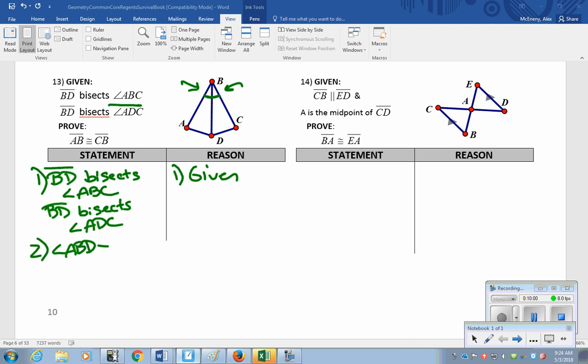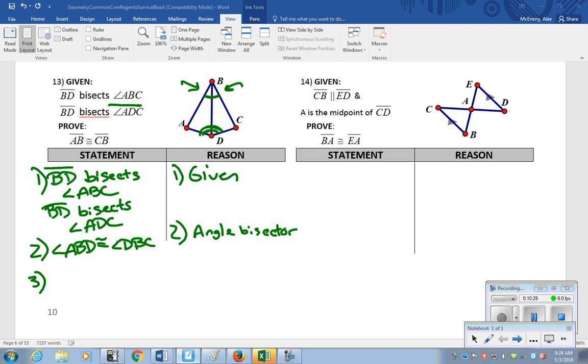So we got angle ABD is congruent to angle DBC. And then for a reason, angle bisector, because I have an angle being bisected. Now I have BD bisecting ADC, so I locate angle ADC, which is here. I'm going to mark them differently because they're two different angles. And then I'm going to come up with names for those two pieces.